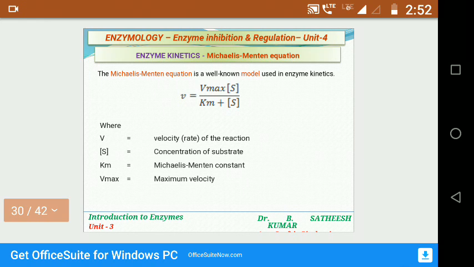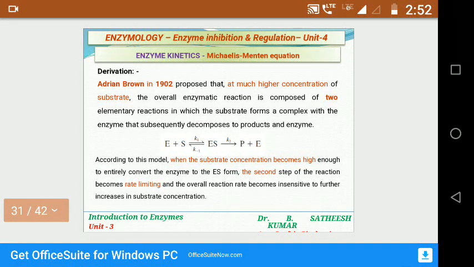And in enzyme kinetics, the most important equation is the Michaelis-Menten equation, which is V equal to Vmax S by Km plus S. We have solved this kinetic equation by using this assumption that the enzyme reaction has two elementary reactions.